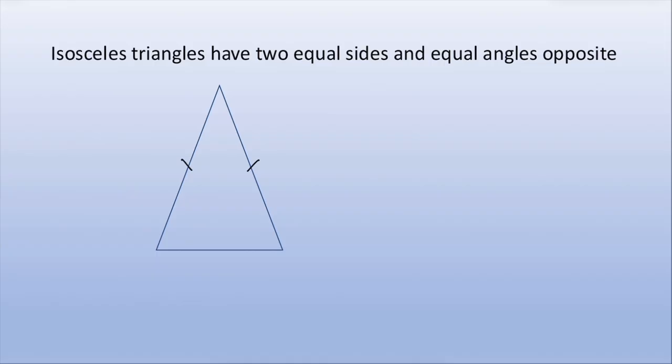You would just put those two markings, meaning they're congruent, they're equal. And so these two angles down at the bottom, if we were to measure with a protractor, they would also be of equal angular measure. So these two sides are equal. Their opposite base angles, those two would be of equal measure.